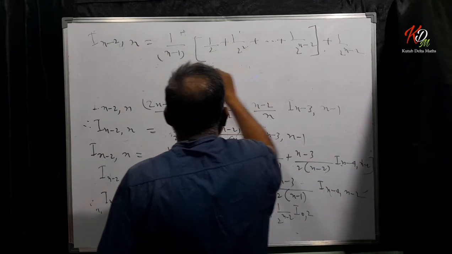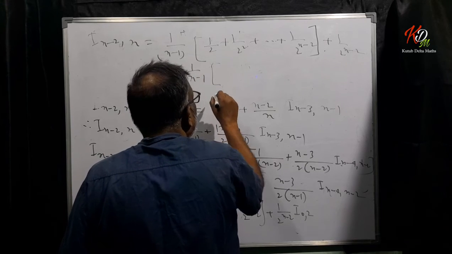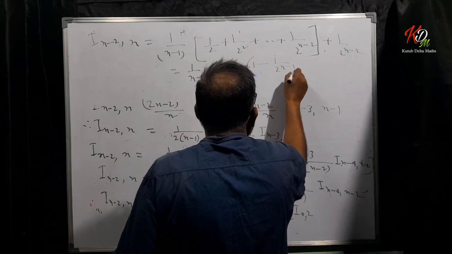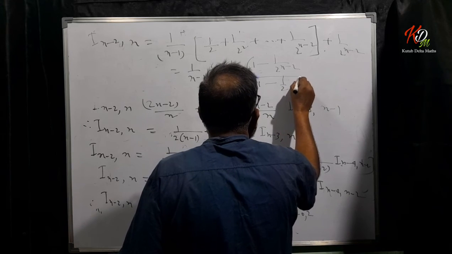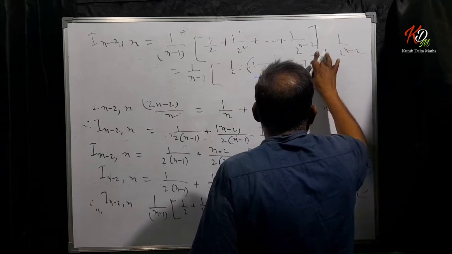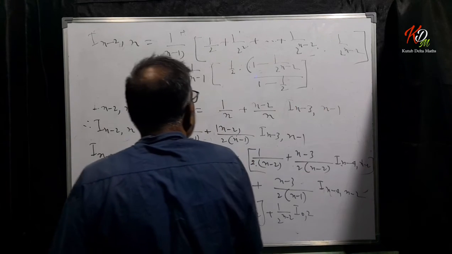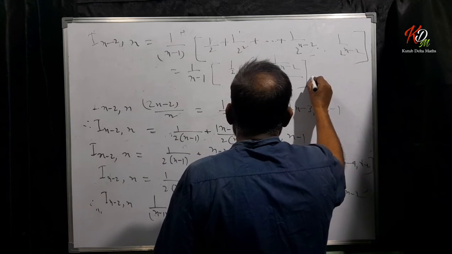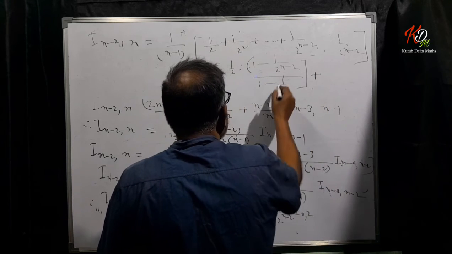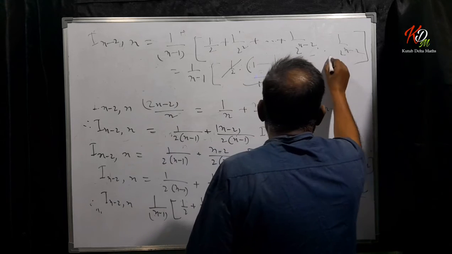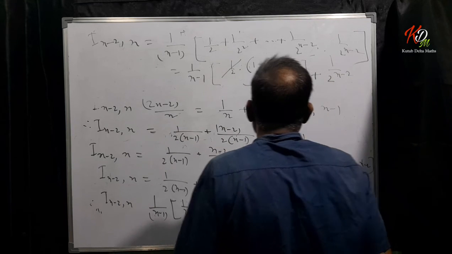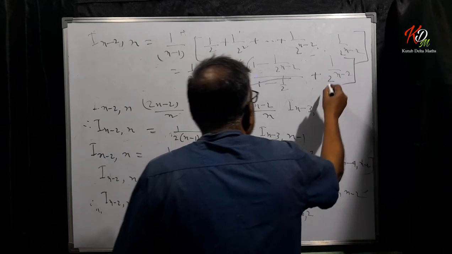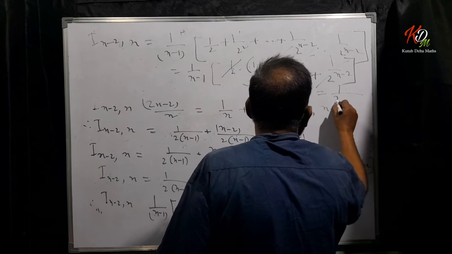That means 1 by n minus 1, half times (1 minus 1 by 2 to the power n minus 2) over (1 minus half), plus 1 by 2 to the power n minus 2. This vanishes, so 1 by n minus 1.